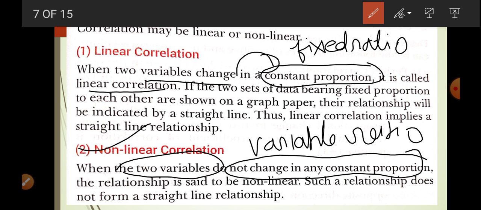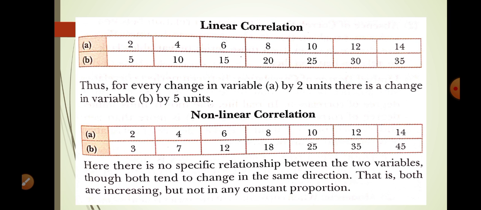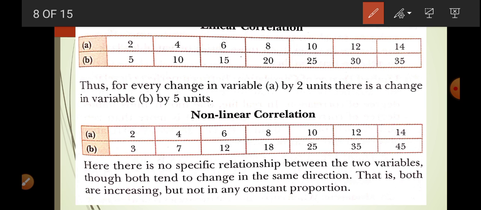Now here you can see the example. This variable is increasing by plus 2 and this one increases by plus 5, plus 5, plus 5. So this is the example of linear, because when we plot these we are going to find a straight line. Come to the non-linear. Here you can see that a is increasing by plus 2 but b is not increasing in the same proportion.